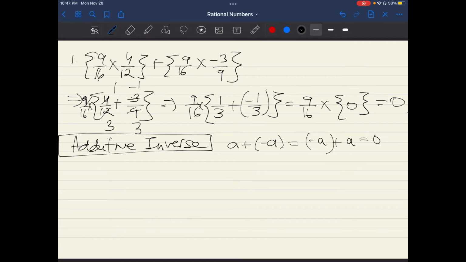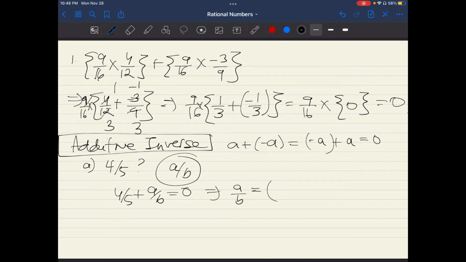So now, what is the additive inverse of 4 over 5? Let's say the additive inverse is a over b. Therefore, 4 over 5 plus a over b has to equal 0, which implies that a over b is actually minus 4 over 5. So the additive inverse of 4 over 5 is minus 4 over 5.